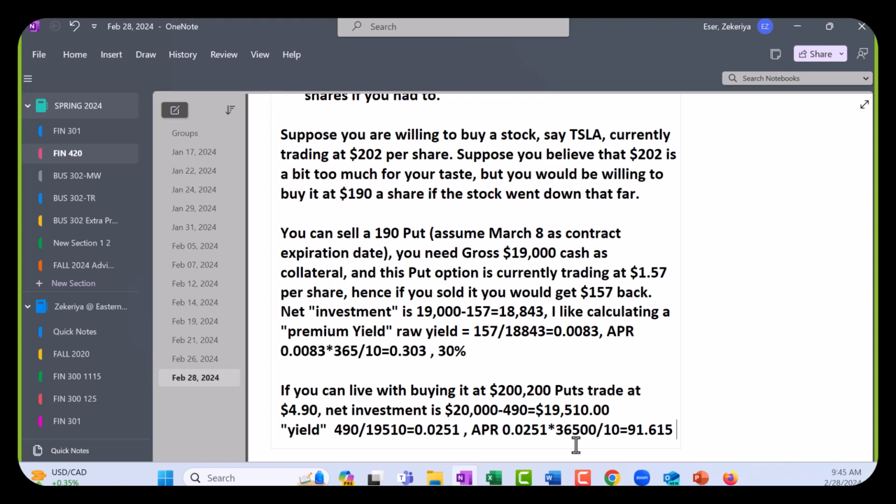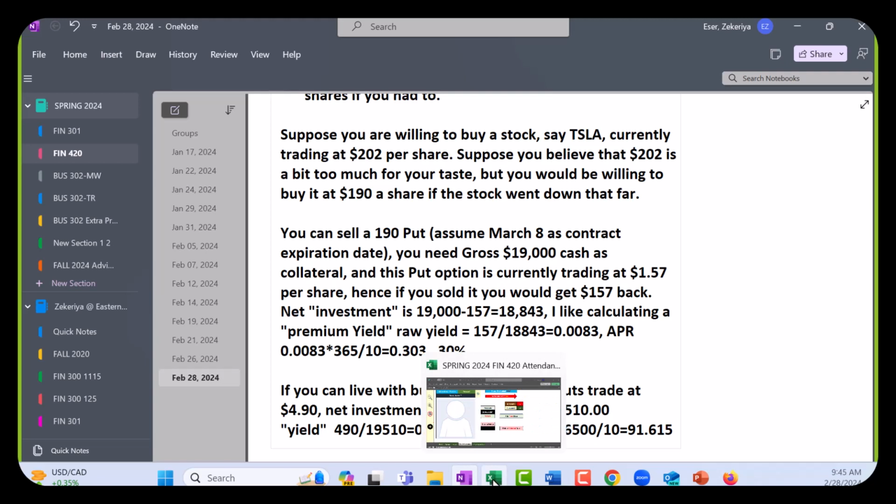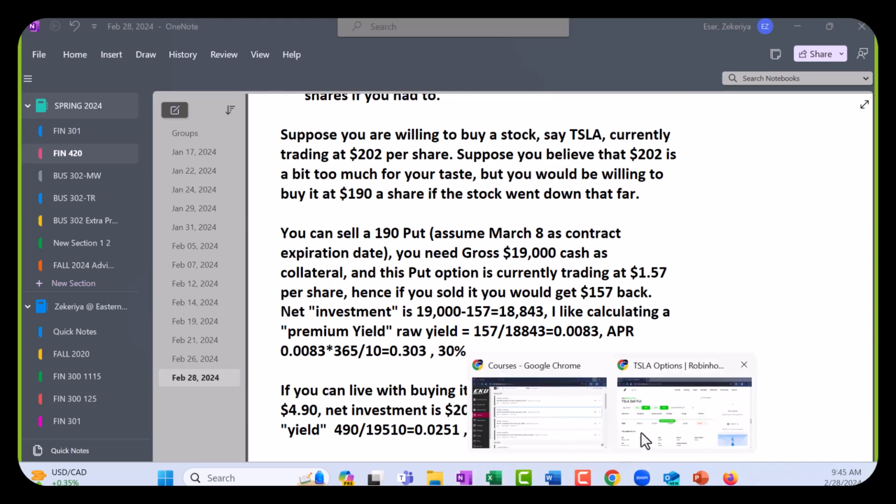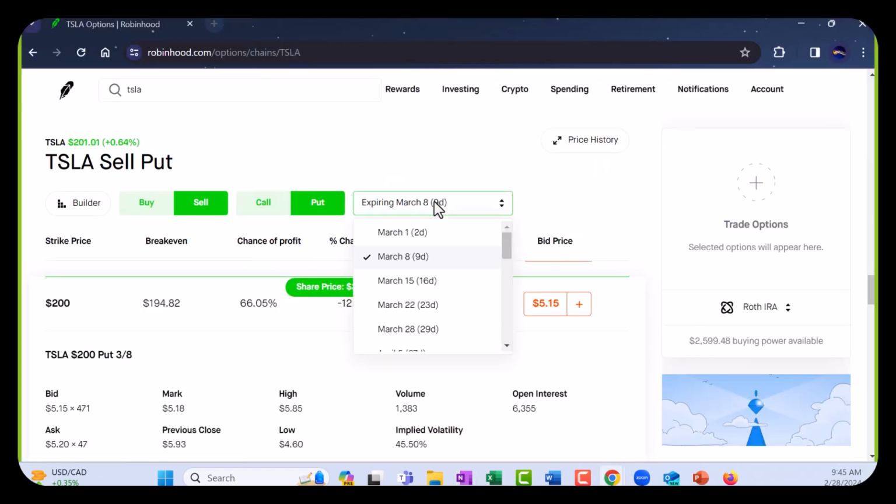And 1 week from today, all you have to do is roll it over. For example, let's look at the March 1 number, okay? Which is this Friday.